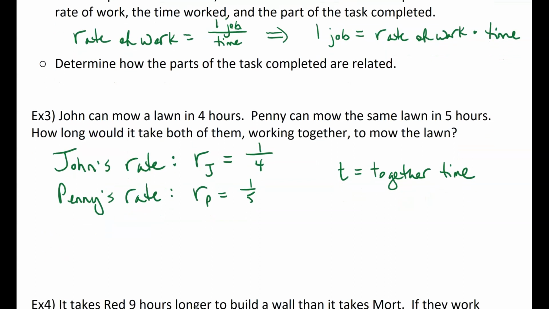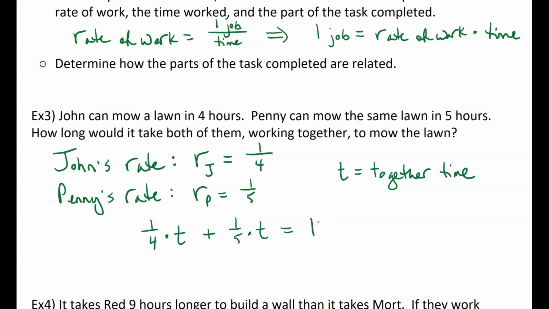If we take John's rate of 1/4 and multiply it by the together time, and take Penny's rate of 1/5 and multiply it by their together time, again, this is the job plus the job, and together they're completing how many jobs?